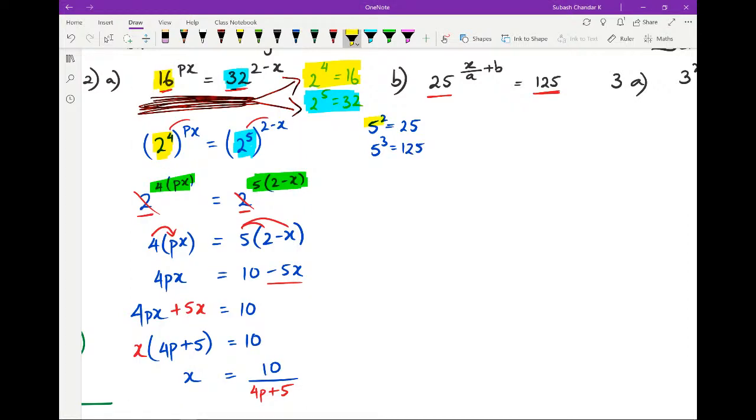So we've got 5 squared as 25, so we're going to replace 25 with 5 squared, and we've got 5 to the power of 3 is 125. And so we're going to rewrite this as 5 squared to x over a plus b equals 125, which is 5 to the power of 3.